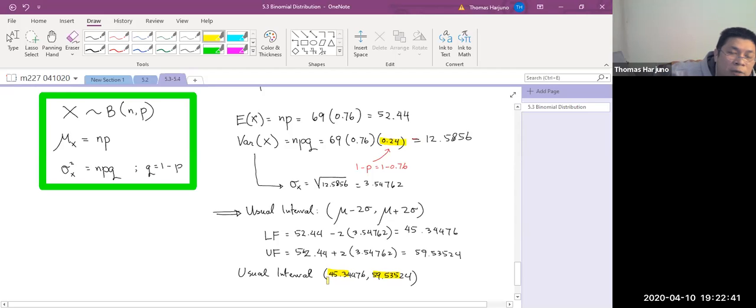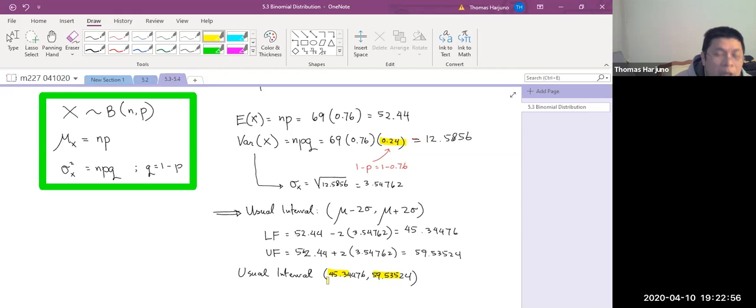Of course, if you interview students who happen to be Republican, for example, who tend to support the president, then the 76% does not apply anymore, right?